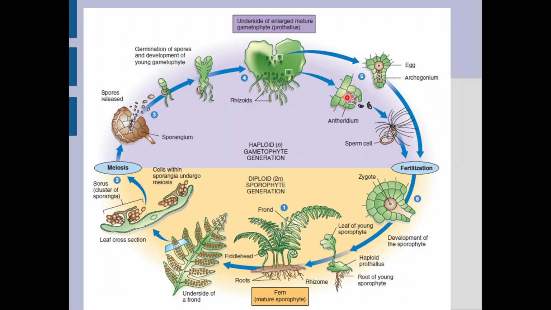The flask-shaped archegonia, located in the central region of the prothallus, contain a single non-motile egg.